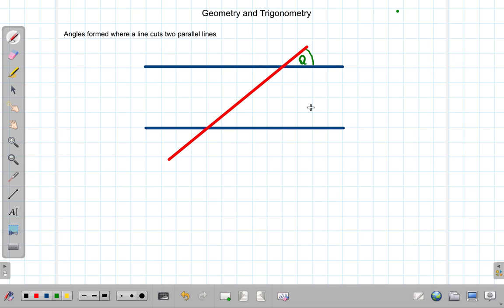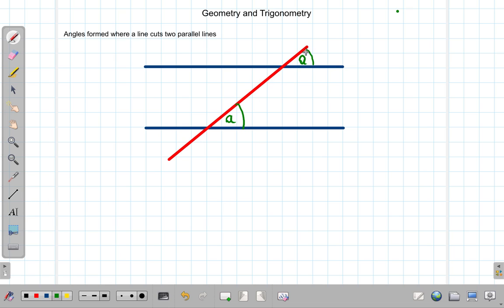Okay, so have you done that? Let's see. Here, this angle is also equal to angle A. These two angles correspond, they are corresponding angles, right?